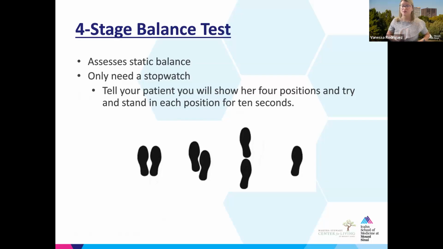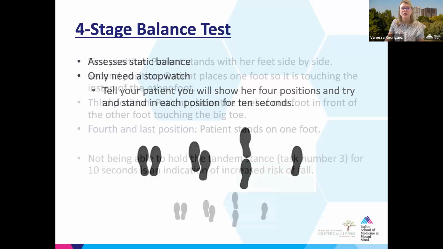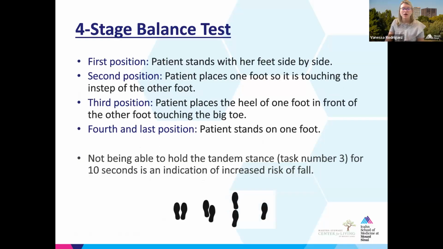If they stop on the very first one, you can see that the person will have a very high risk for falls, but you really try to bring them all the way to the end without any assistance. So they'll keep each position for 10 seconds. Like I mentioned, not being able to hold the tandem stance for 10 seconds is definitely an indication of increased risk for fall.